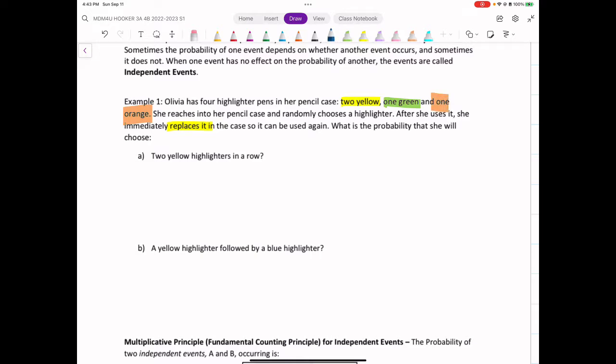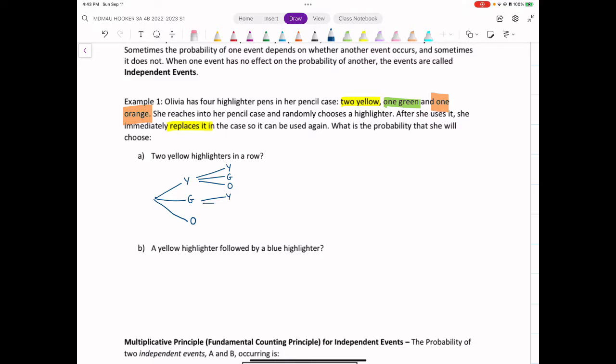For now, we just know that when she puts her hand in the case, she's going to come out with a yellow one, a green one, or an orange one, right? And then she's used the highlighter, puts it back in, and then she goes in for another highlighter for the second one. Well, the second time she goes in, she can pick out a yellow, a green, or an orange.